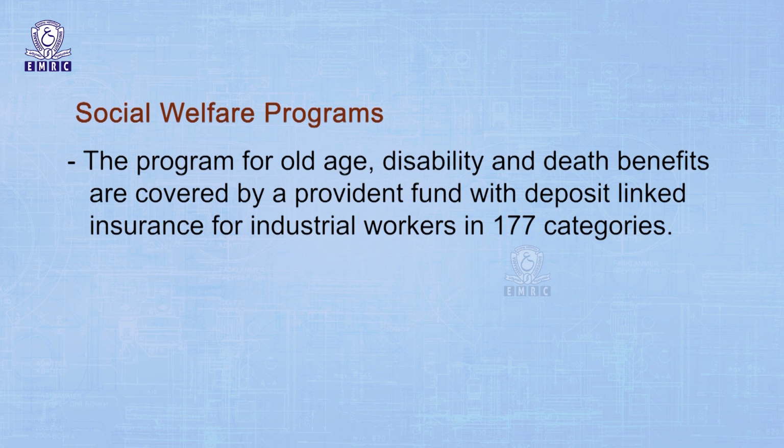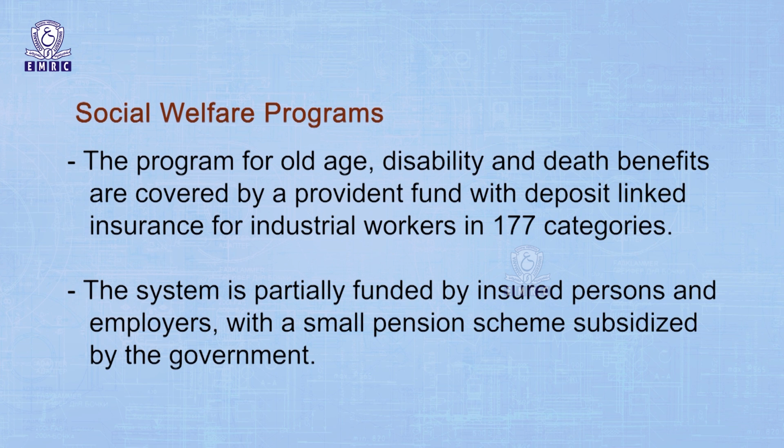The program for old age, disability and death benefits are covered by a provident fund with deposit linked insurance for industrial workers in 177 categories. The system is partially funded by the insured persons and employers, with a small pension scheme subsidized by the government.